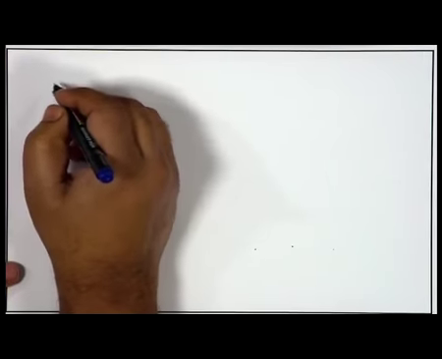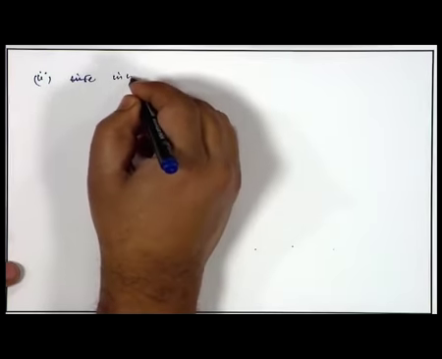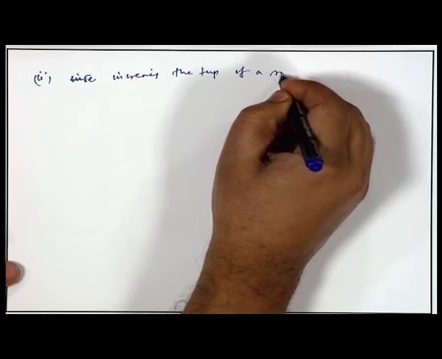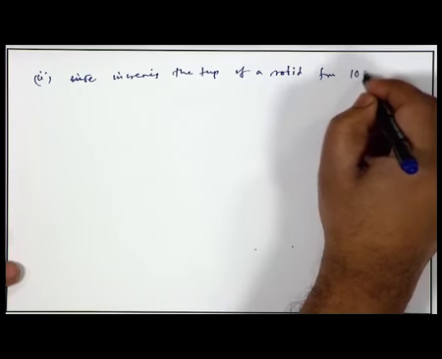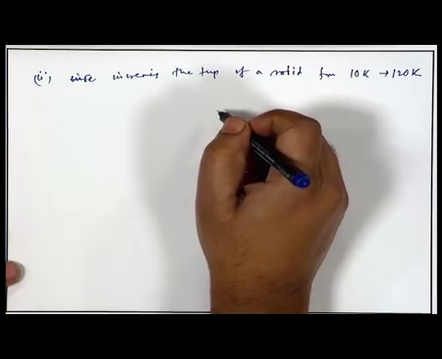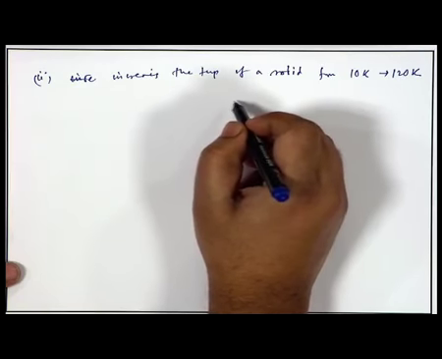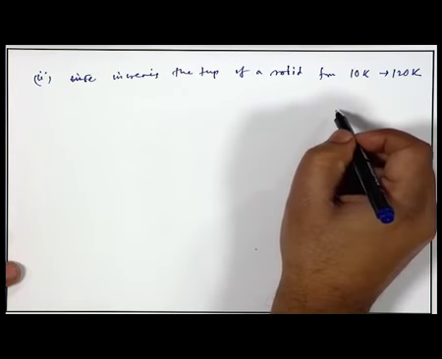There are other examples, like we talk about increasing the temperature of a solid from say 10 K to 120 K. At lower temperature the constituent particles will move and oscillate about their equilibrium position to a lower extent, whereas at higher temperature they will move and oscillate about their mean position to a higher extent.